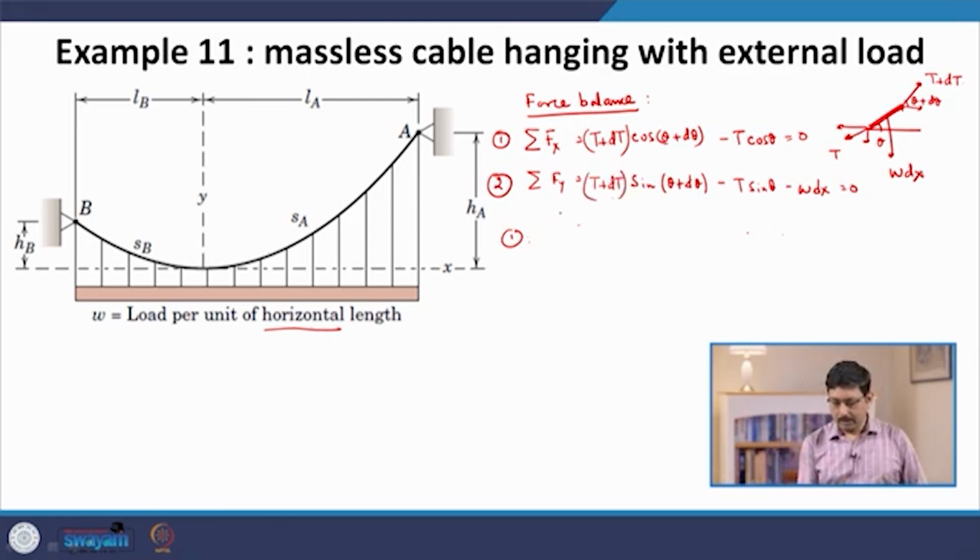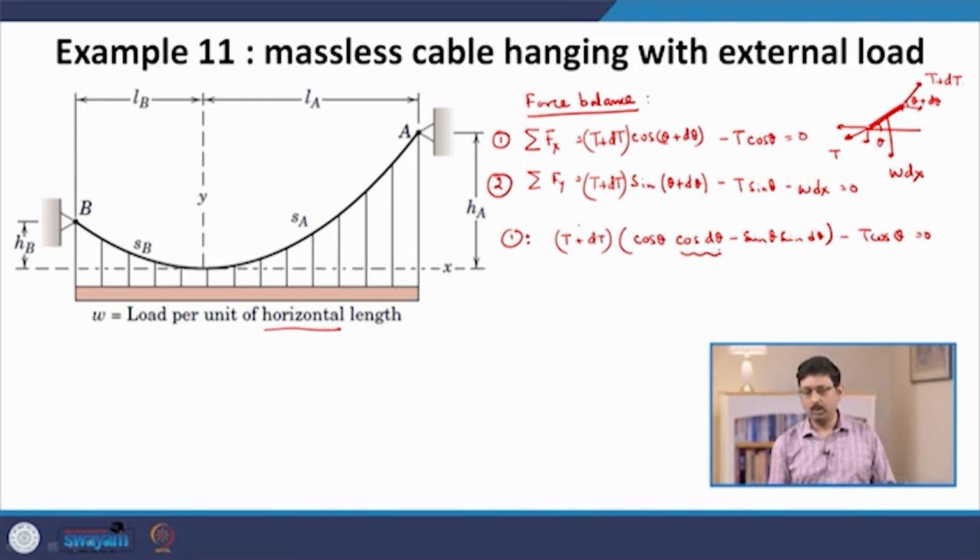Now, simplify equation 1, then what we get is that, if we take a small piece, then the difference in angle between the left hand and the right hand is infinitesimal.